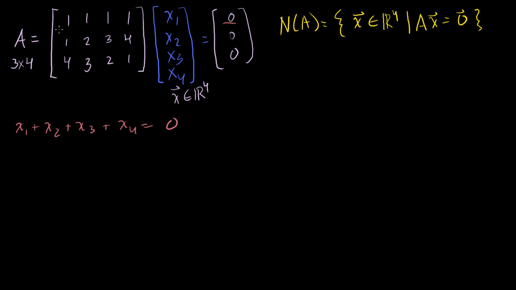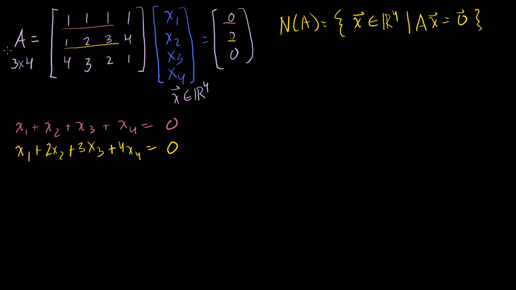So that times that is equal to that 0. And then this times this should be equal to that 0. So you get x1 plus 2 times x2, plus 3 times x3, plus 4 times x4 is going to be equal to that 0.